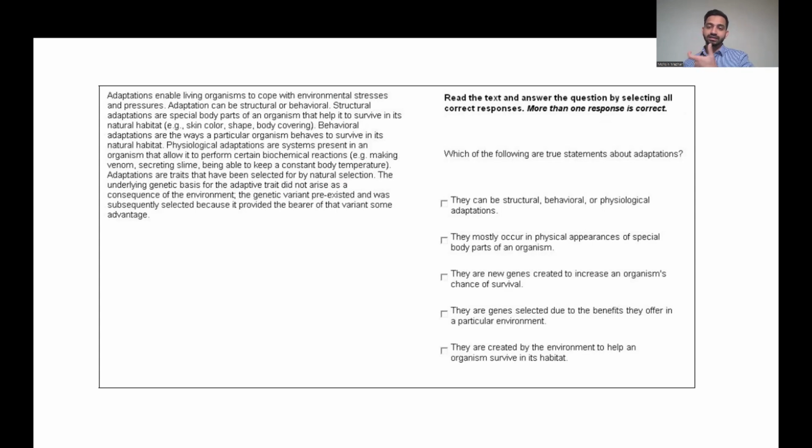So we need to really look for what an adaptation is, in what context adaptation is being described here, and what these statements are saying about adaptation. The first one is they can be structural. All the options here start with "they," so if you just replace it with "adaptations," you can see it's all about adaptations.